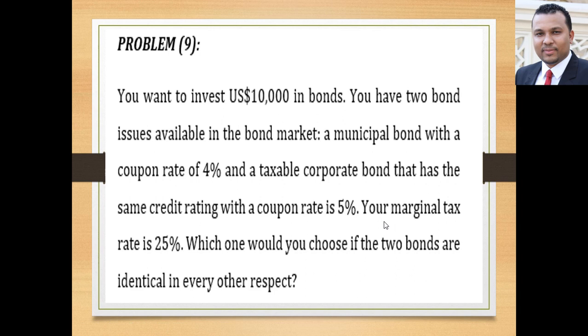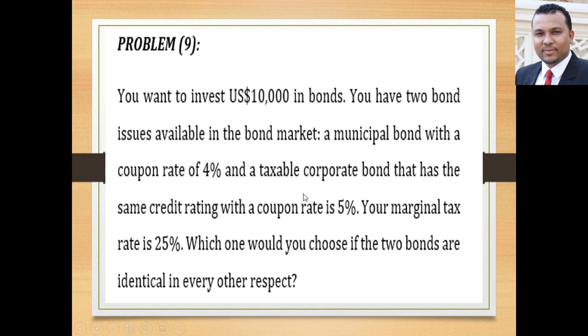Okay, for the first option, the municipal bond is tax-free, no tax, but the coupon rate is 4%. The second option is to invest in a taxable corporate bond with a higher coupon rate of 5%.